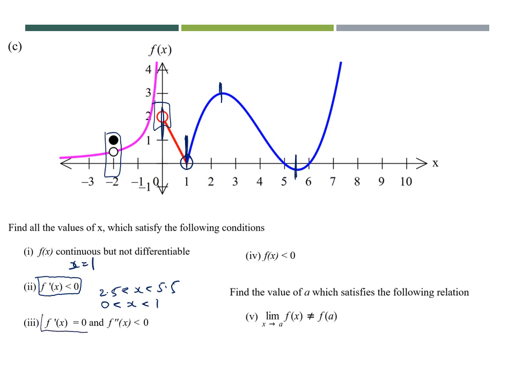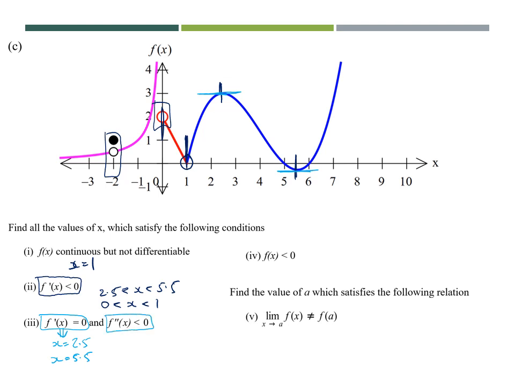Where is the gradient 0? That's where we're looking for turning points. I'll change colour. So here, where is the turning point? A turning point here and a turning point here. So for this answer, I would get x is equal to 2.5 or x is equal to 5.5.